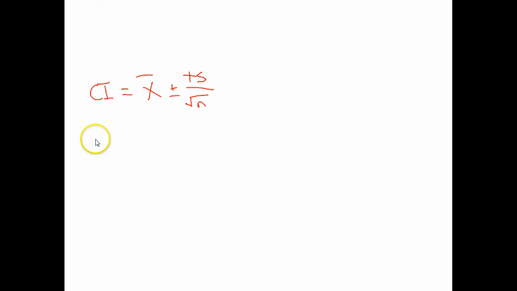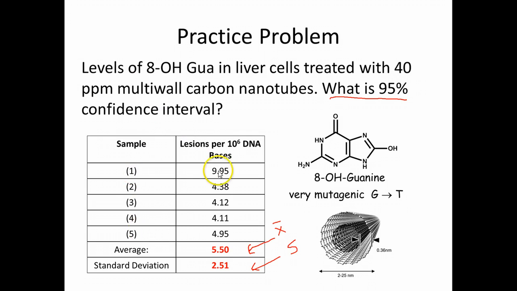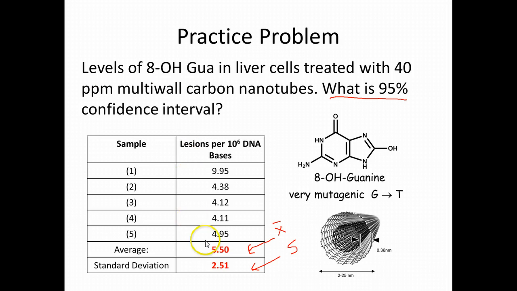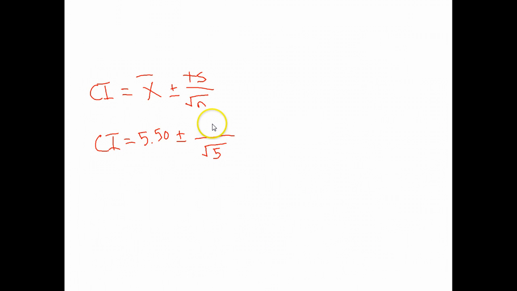Our confidence interval is x bar, so that's 5.50 plus or minus t times the standard deviation over square root of n. Our n is 5, and our standard deviation is 2.51. But the one thing we have to figure out is what this t-value is.